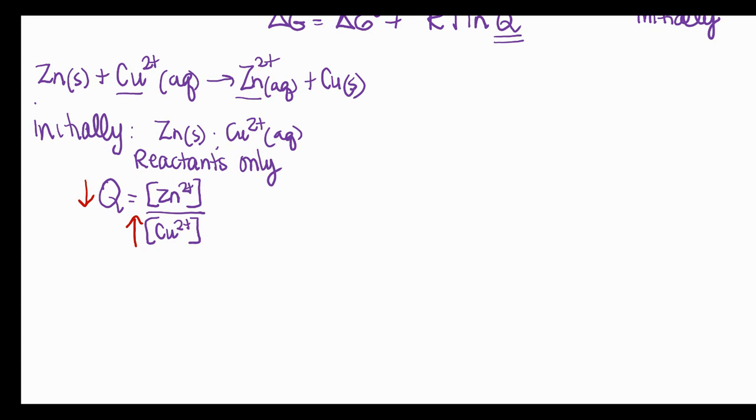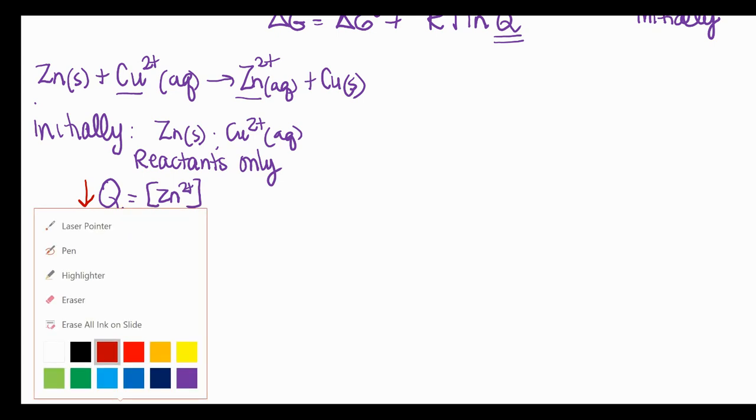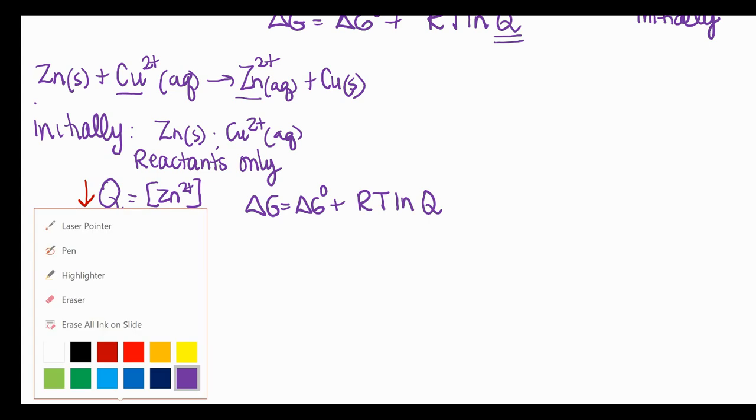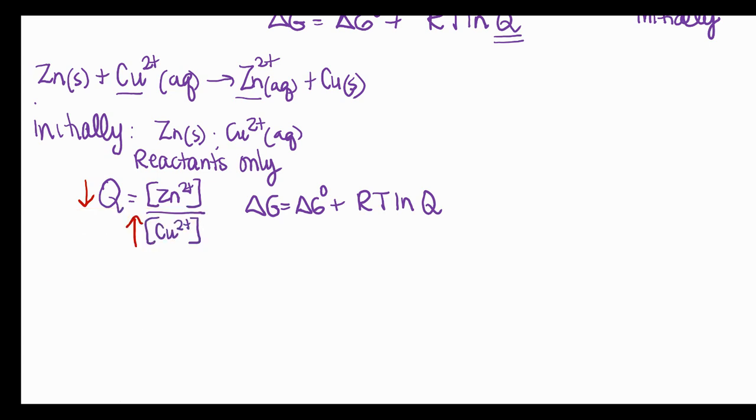And then going back up into our equation, if Q is very tiny, you can plug in some numbers if you want. If Q is small, delta G is very negative.